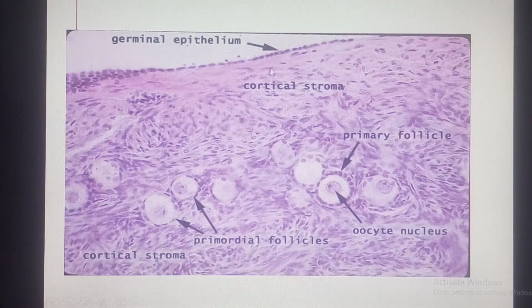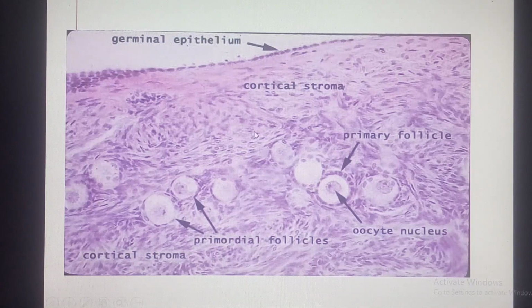We said that beneath that we have the tunica albuginea, and then we get our connective tissue stroma, in both the cortical region as well as the medullary region. In the cortical region we are going to have these follicles.